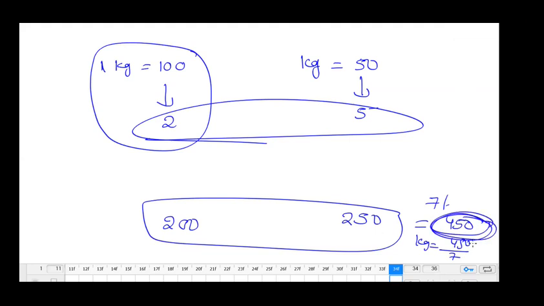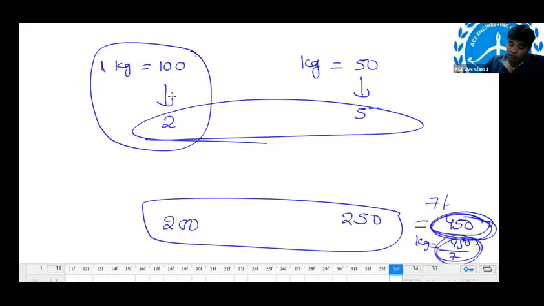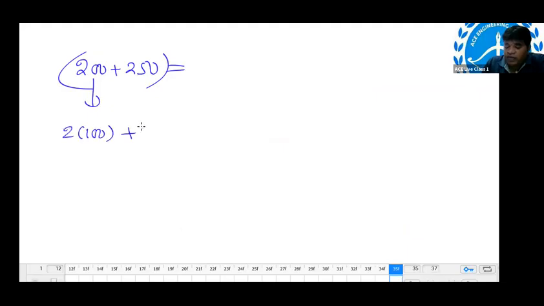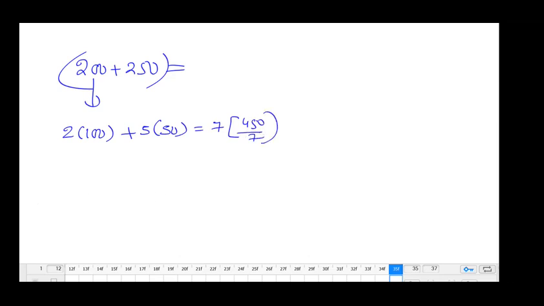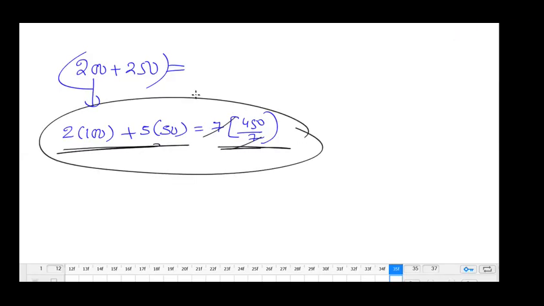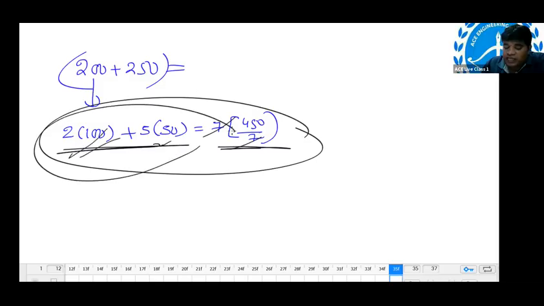Each kilo costs 450 by 7. Individually I'm getting the amount 200 plus 250. That 200 came from 2 into 100, and here 5 into 50. After mixing I'm getting 7 kg, each kg costing 450 by 7. So 7 and 7 cancel: the left side is 450, the right side is also 450. The results are equal. So the individual results together equal the total weight into the average price.